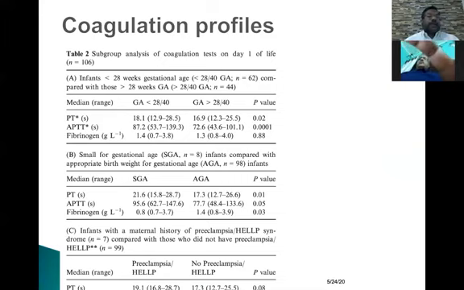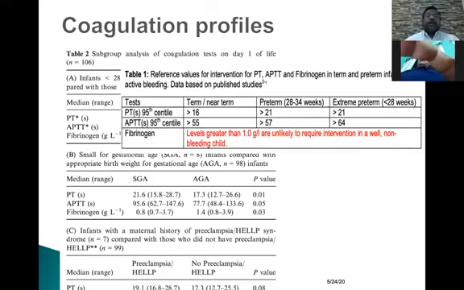If you look at the PT and PTT, they are all wildly different at less than 28 to more than 28 weeks, and small for gestational age to appropriate for gestational age. Also, the reference values for PT and APTT are different in babies born at term, babies born preterm at 28 to 34 weeks, and babies born extremely preterm at less than 28 weeks.